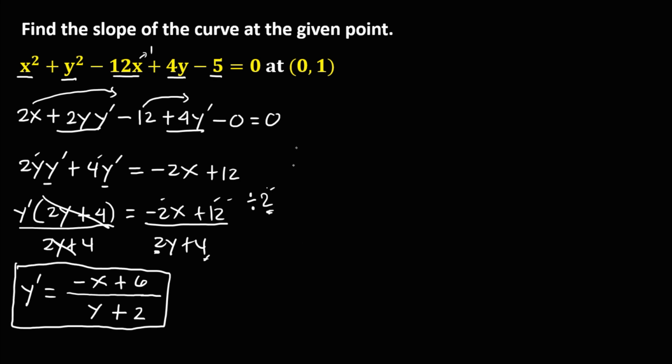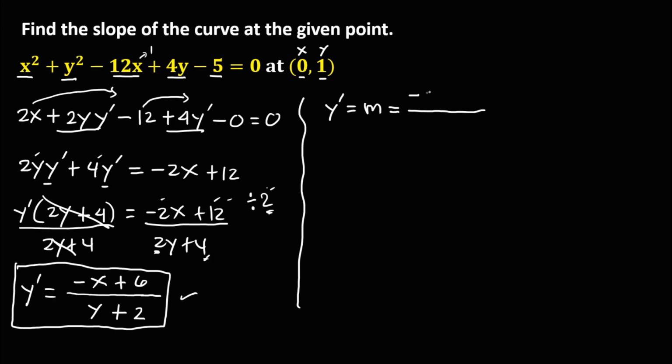Since we have this first derivative, we can now find the slope of the curve, because the first derivative is equal to the slope. We just need to substitute the values for x and y. So x is 0, y is 1 from this equation.